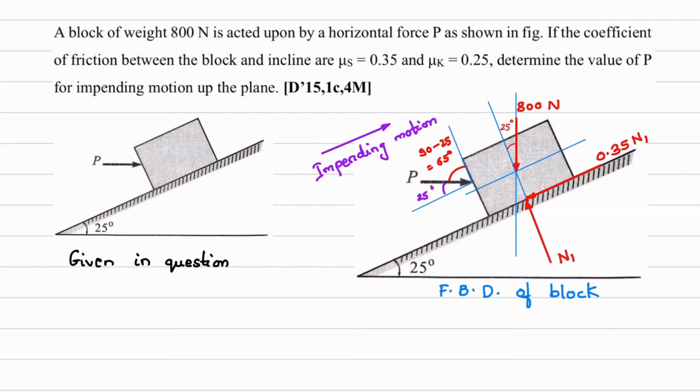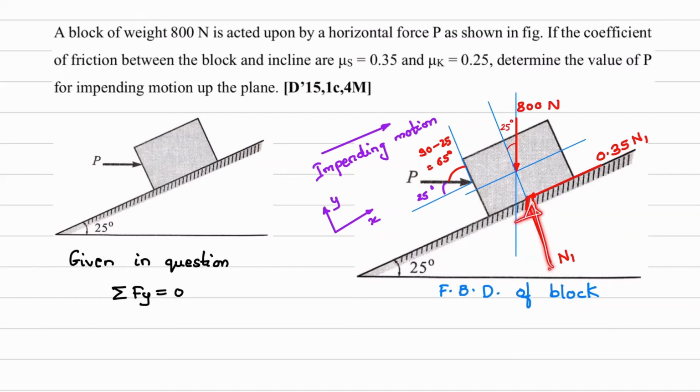So we will use the condition of equilibrium, summation Fy equal to 0. Now here we are going to consider x direction and y direction, which I will show in the diagram. This is x direction and this is y direction. So summation Fy equal to 0, all the forces in upward direction we are considering positive.